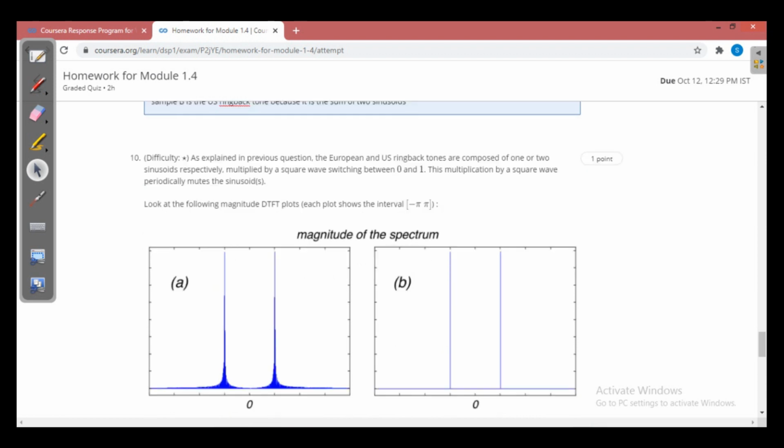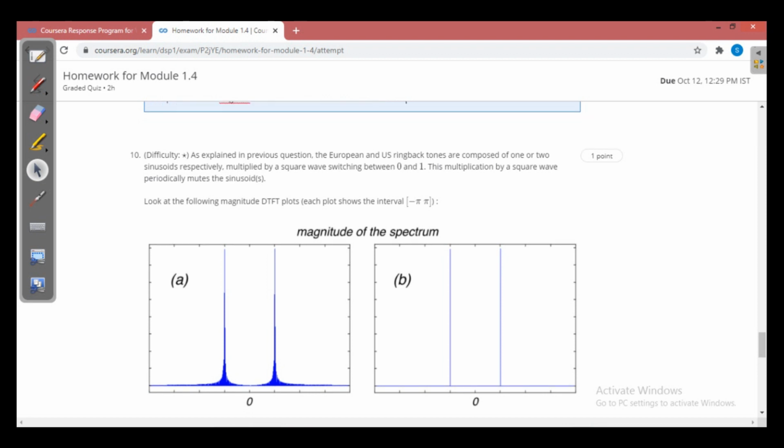Now the 10th one, which is related to the ninth question only. As explained in the previous question, the European and US ringback tones are composed of one or two sinusoids respectively, multiplied by a square wave switching between 0 and 1. This multiplication by a square wave periodically mutes the sinusoids.